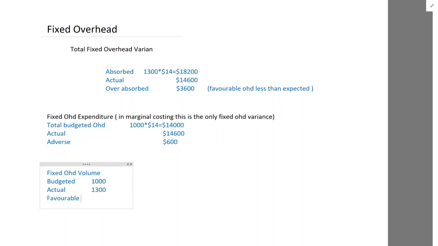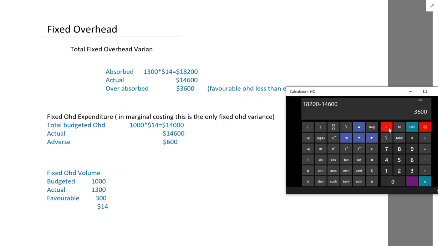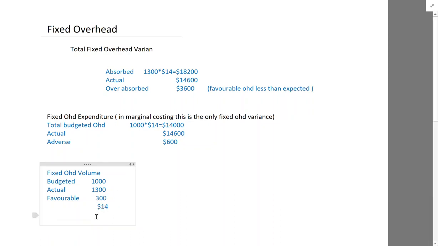Favorable. Remember, the thing about fixed cost is that the more the units, the less is the cost per unit. So multiply by cost per unit, which is 14. 300 multiplied by 14 is 4,200.